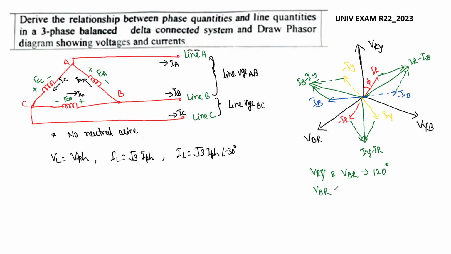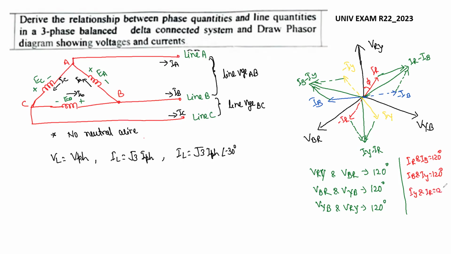Between BBR and BYB, the angle is 120 degrees. So automatically the angle between BYB and BRY is 120 degrees. Similarly, when drawing the currents, the angle between IR and IB is 120 degrees, between IB and IY 120 degrees, and between IY and IR 120 degrees.